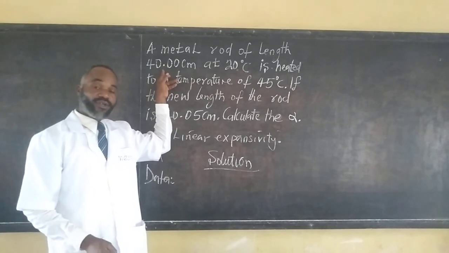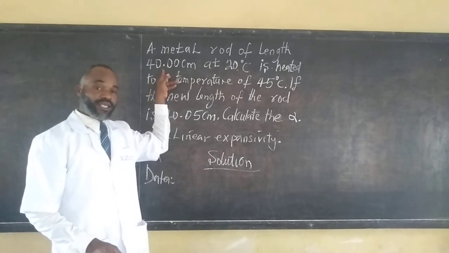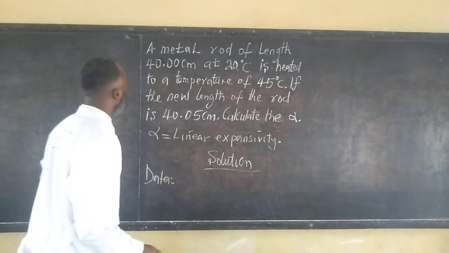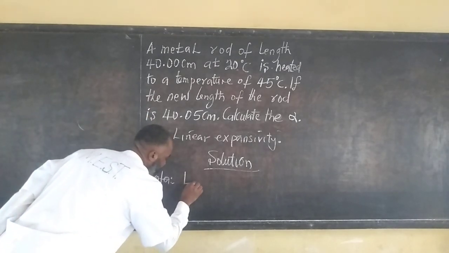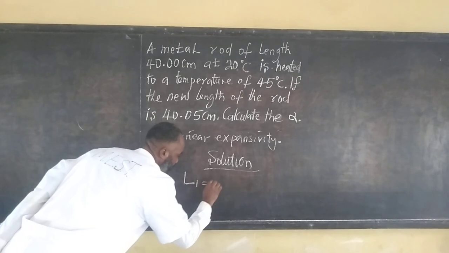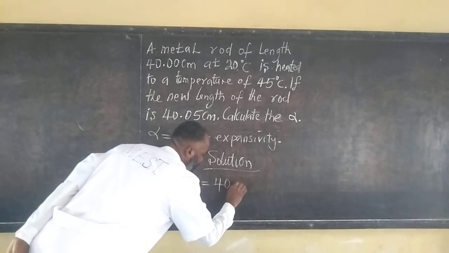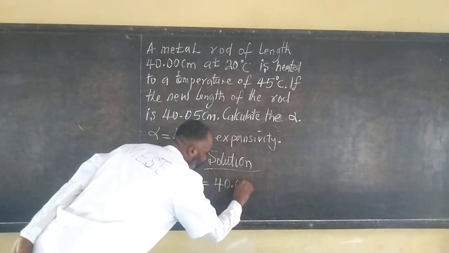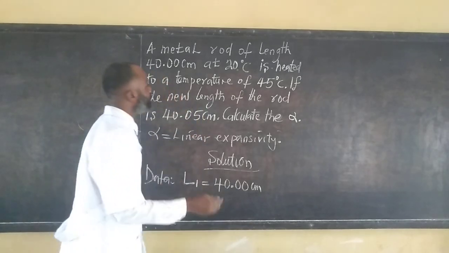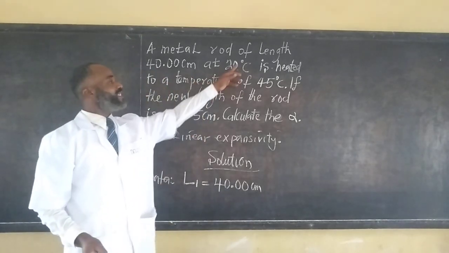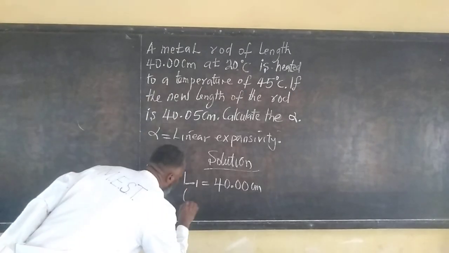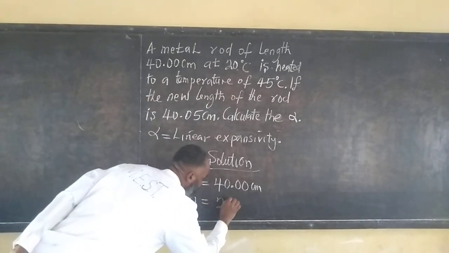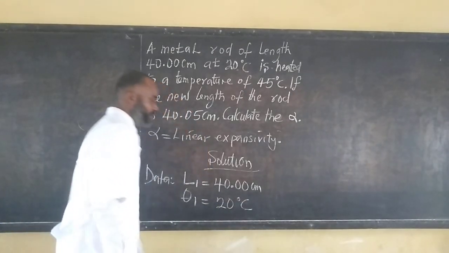The initial length of the rod is 40.00 cm. So L1, initial length, is equal to 40.00 cm, at 20 degrees Celsius, initial temperature, theta 1. Theta 1 is equal to 20 degrees Celsius.